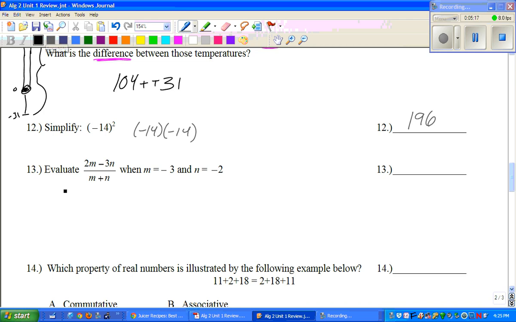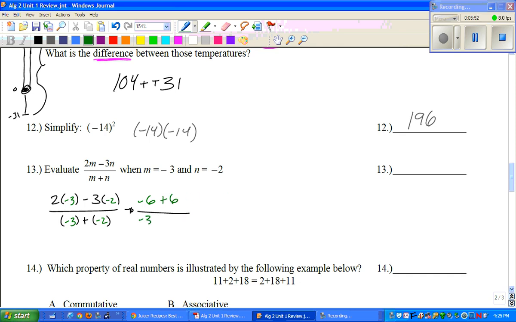Okay, number 13. You have to do some plugging in. So we get m is negative 3, and n is negative 2. Let's go through and do some multiplication up on the top. 2 times negative 3 gives you negative 6. Now, up here, it's negative 3 times negative 2, which is positive 6.